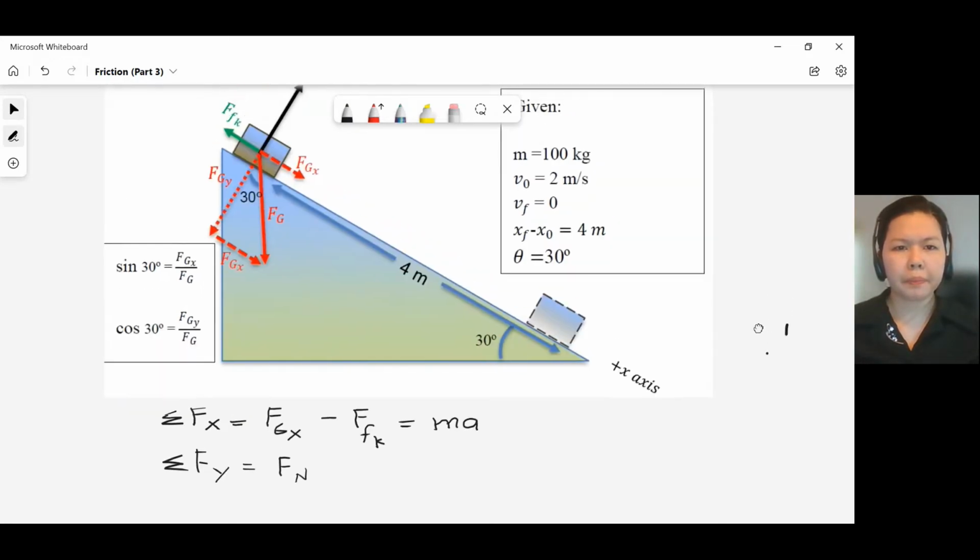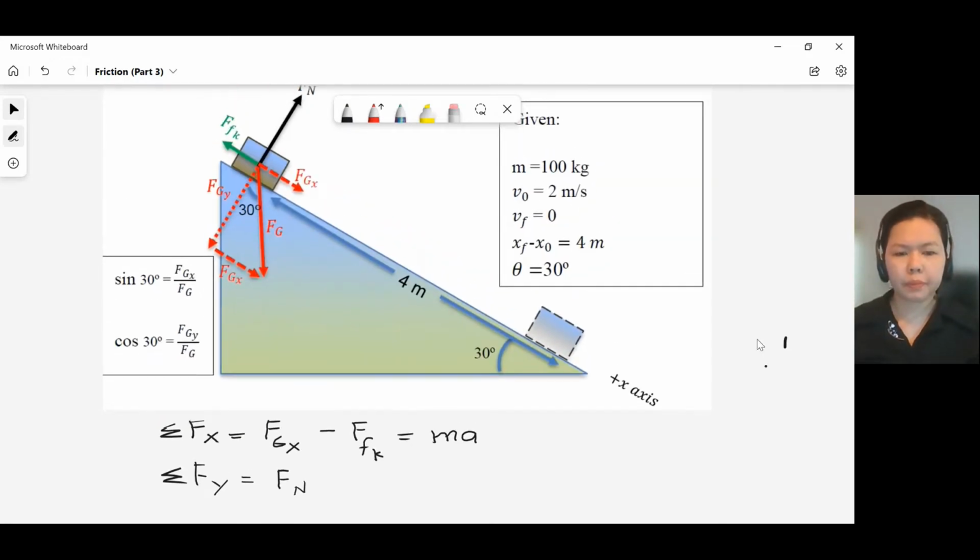So minus Fgy equals, along the y-axis, we know that the crate is not moving, it is sliding along the x, but there is no motion along the y, so it is equal to 0.